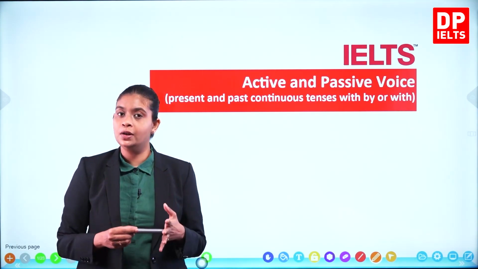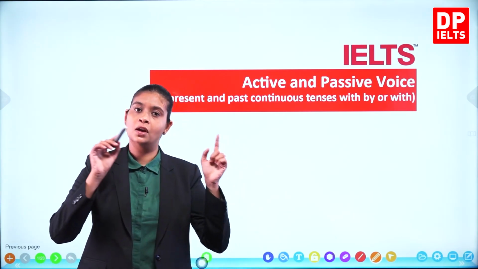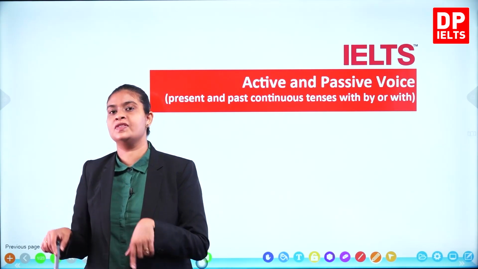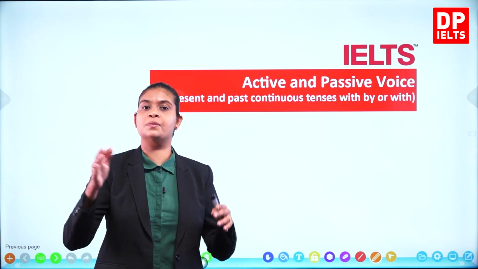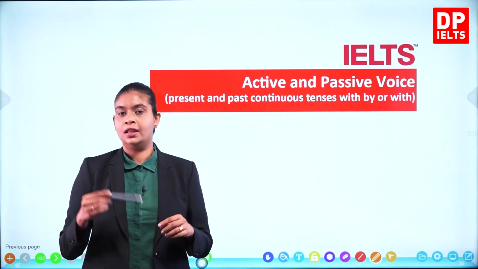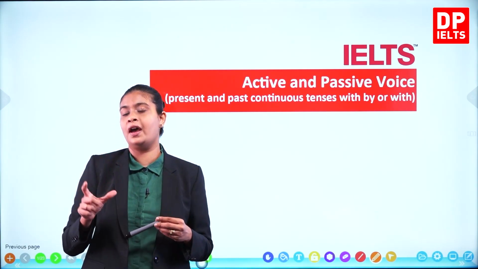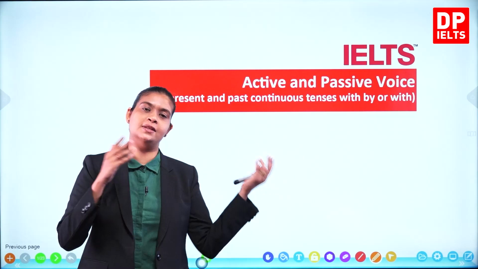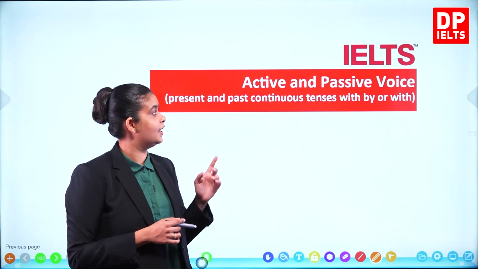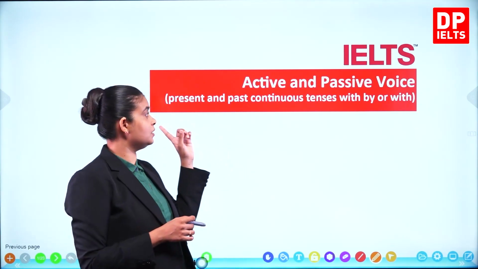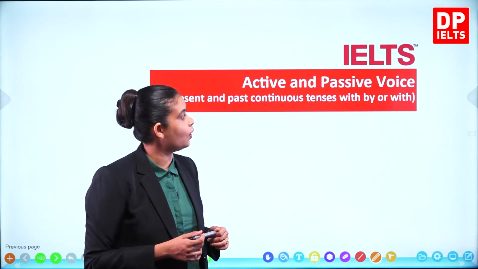Okay, so we had a look at the rules, we had a look at how it changes from active to passive, what is the form of the present continuous and the past continuous tense when it changes from active to passive. Then we had a look at lots of practice questions, and finally we did a whole paragraph to change it from active to passive voice. So with that, we come to the end of the lesson, active and passive voice, but for the present and past continuous tenses with by or with.